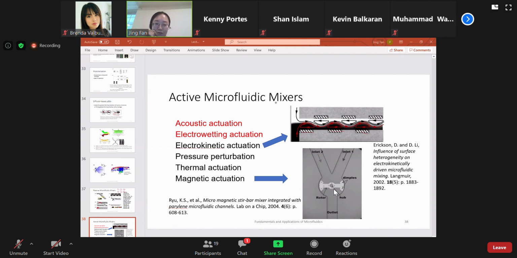So this is the mechanism of magnetic actuation. Also, sometimes people use a combination of a magnetic field and an electric field for enhancing mixing.